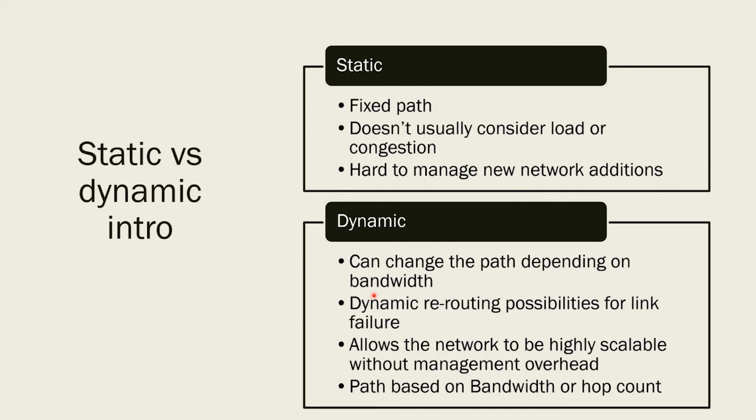But obviously, any link failures, any congestion, any network additions or changes that you need to make have to go through a very rigorous process to understand the existing topology and make sure that you're installing static routes that make sense.